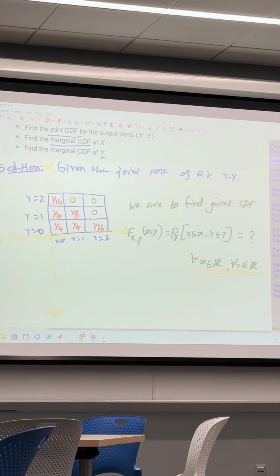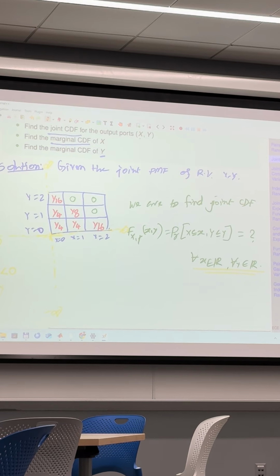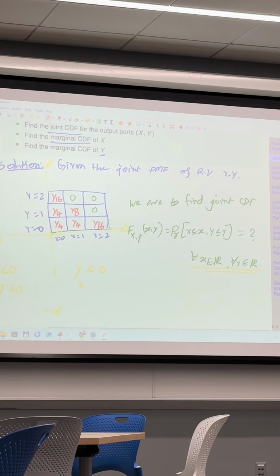Which means that this region is basically x less than 0, y less than 0. Okay? And this region we have y less than 0, x greater than or equals 0.